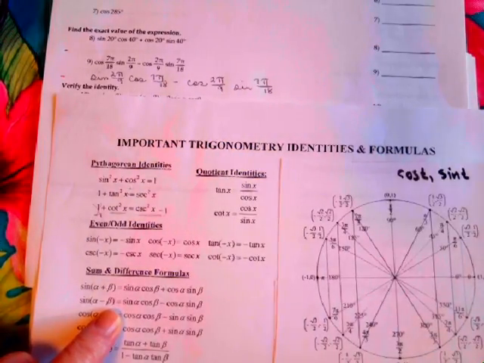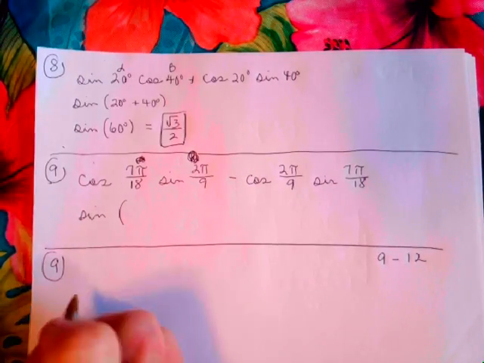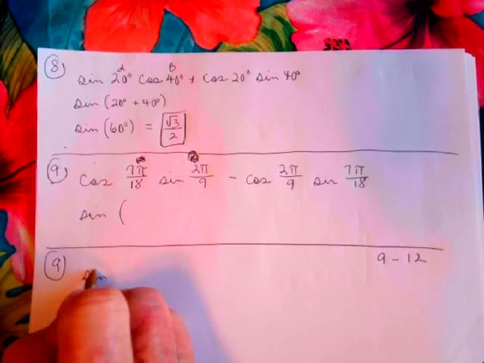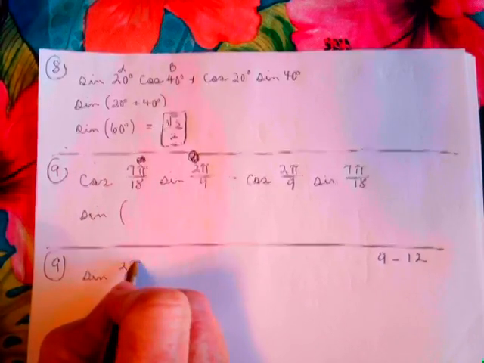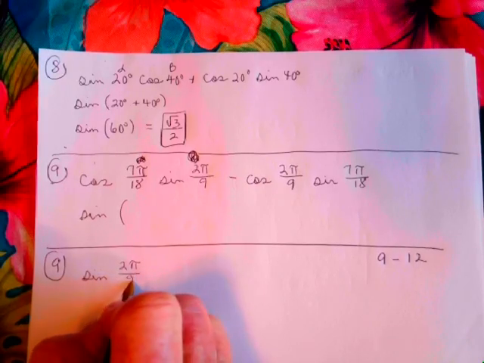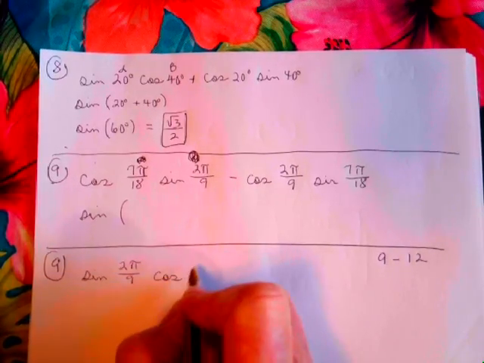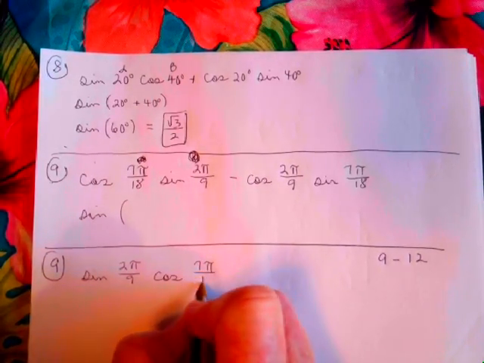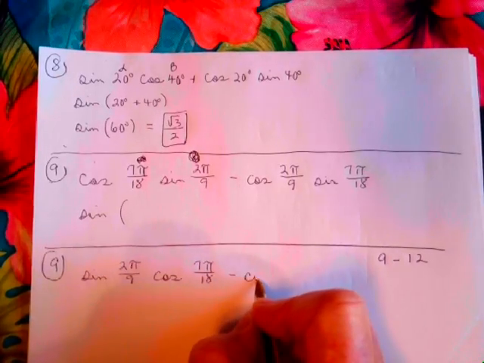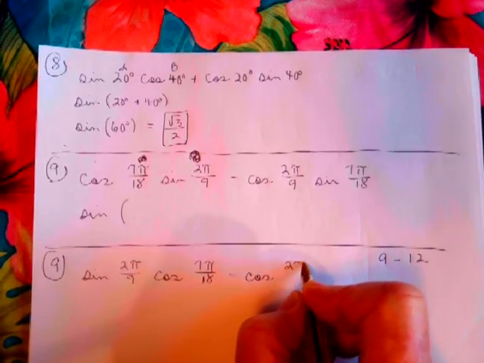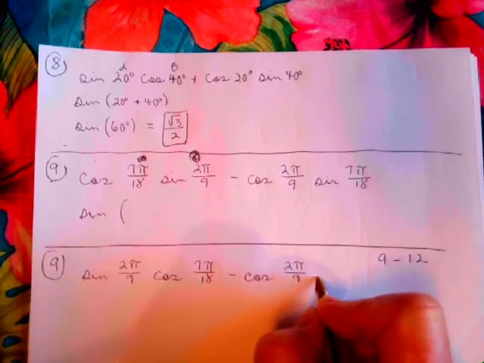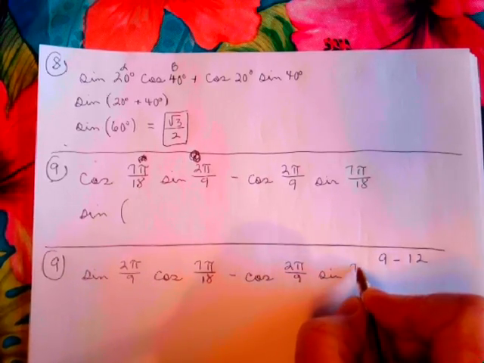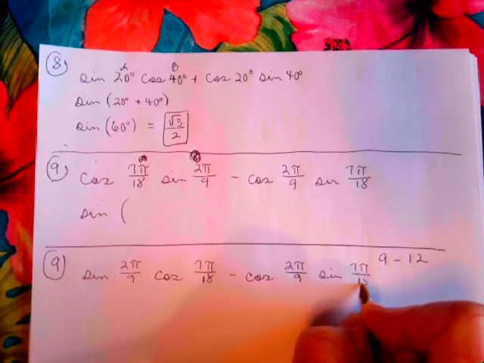Now, let's go from there. Let's rewrite this and start all over with number 9. So my problem is sine of 2 pi over 9 times the cosine of 7 pi over 18 minus the cosine of 2 pi over 9 times the sine of 7 pi over 18.